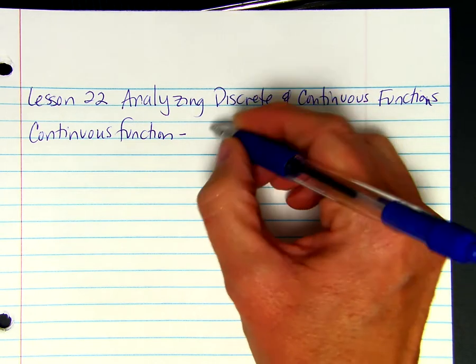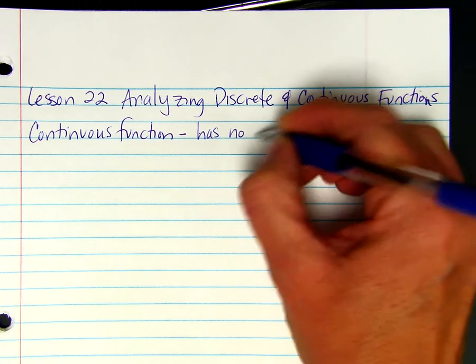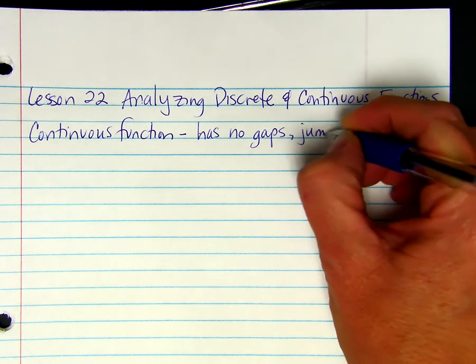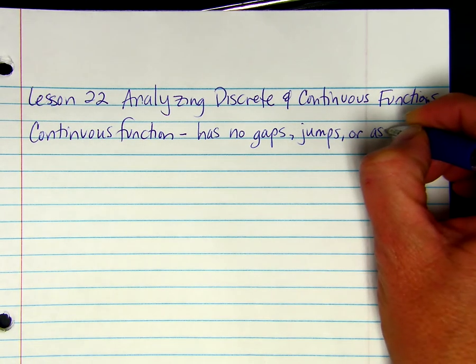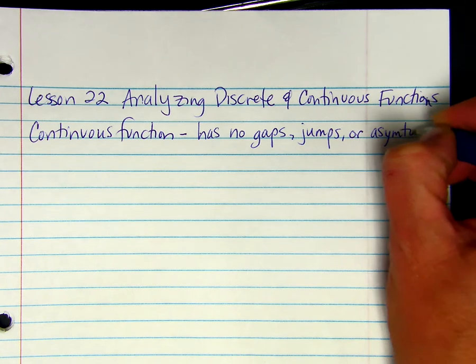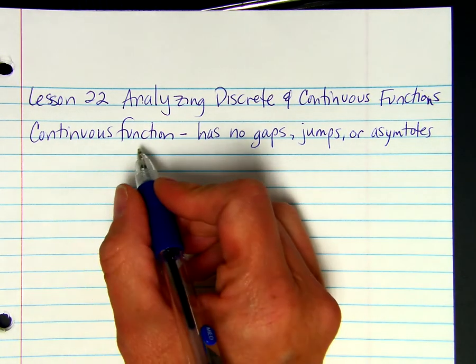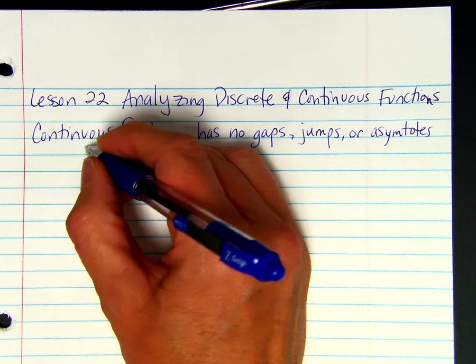So the graph of a continuous function has no gaps, jumps, or asymptotes. Basically, a continuous function can be drawn without lifting your pencil.